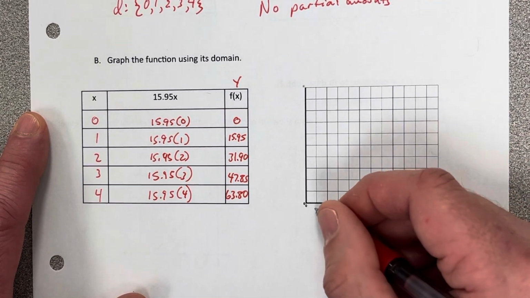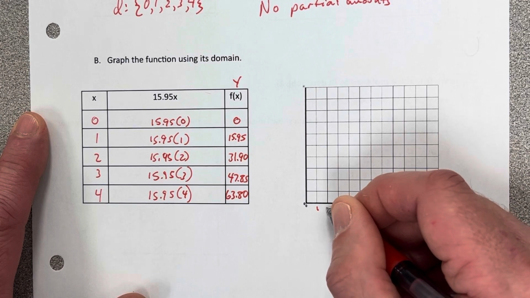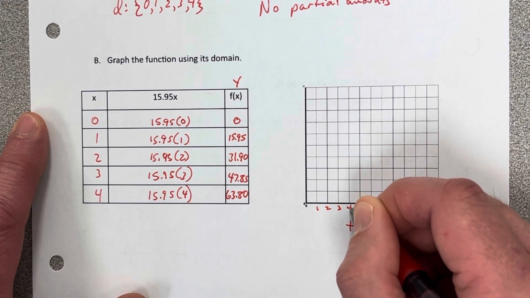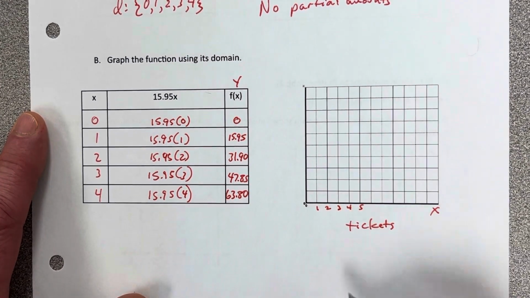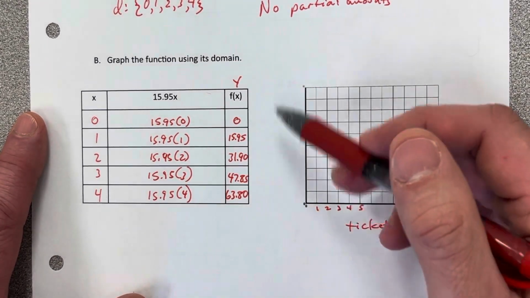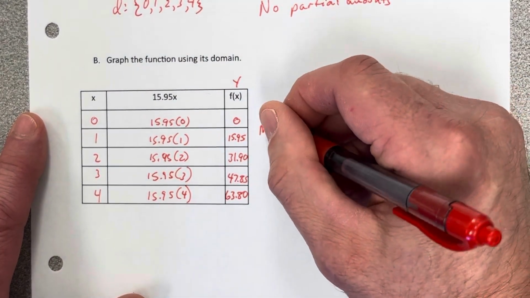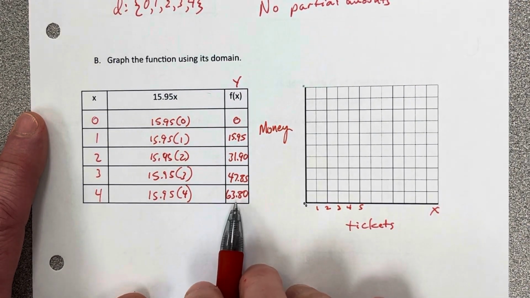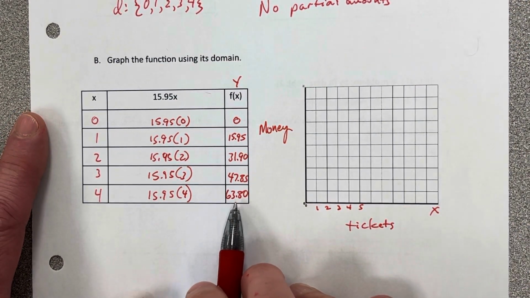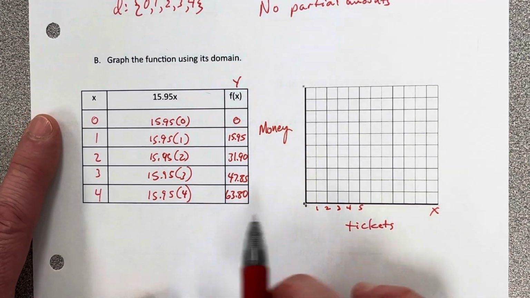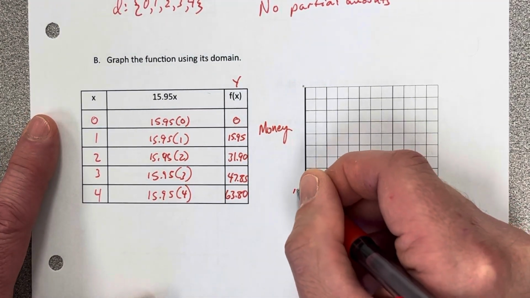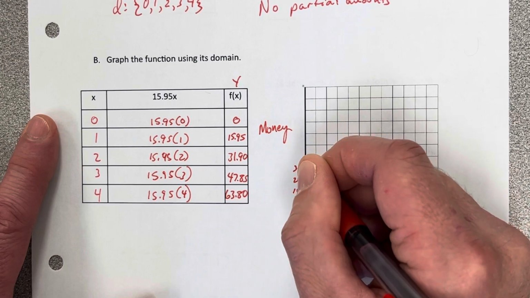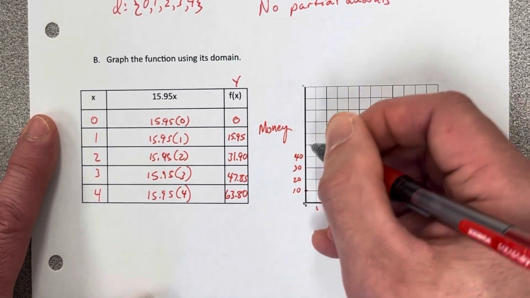And I'll just make it easy on myself and just go by ones. 1, 2, 3, 4, 5. But then for my outputs, the money that I've spent, I got to get up to $63.80. Okay, so I think I'll just go by tens. I think that'll get me there.